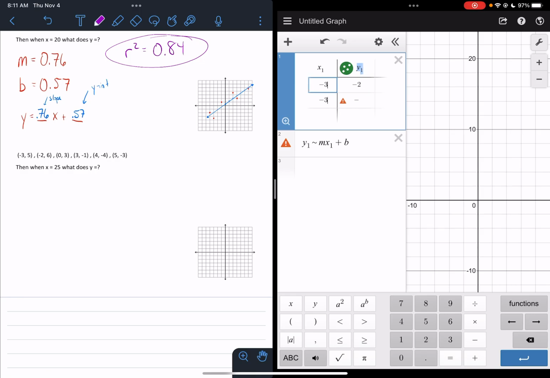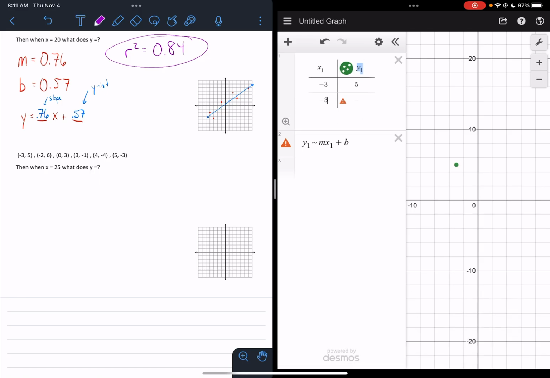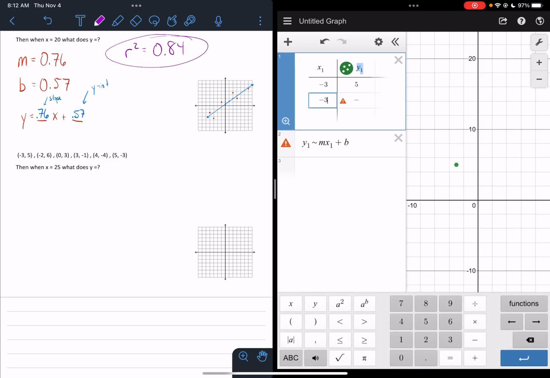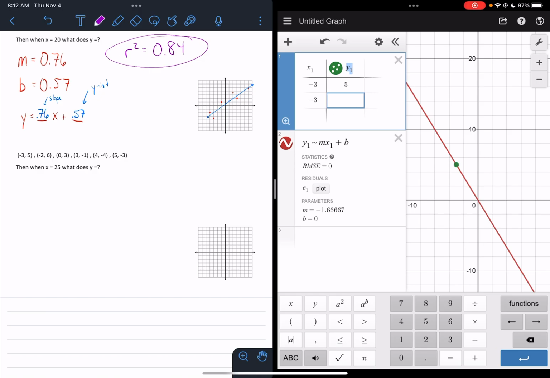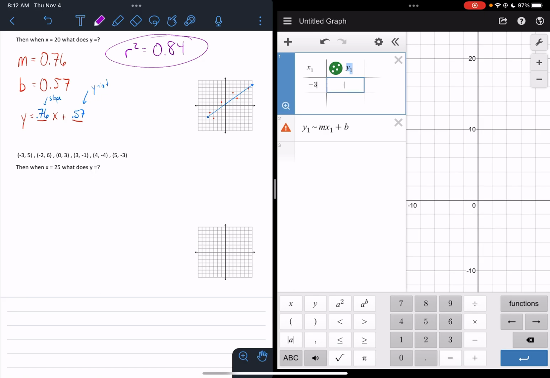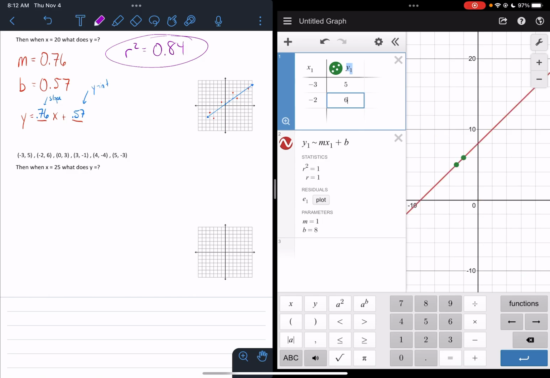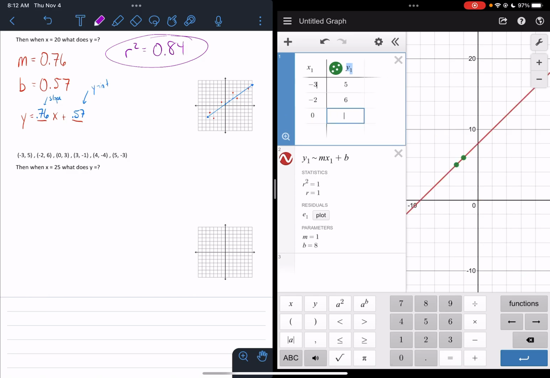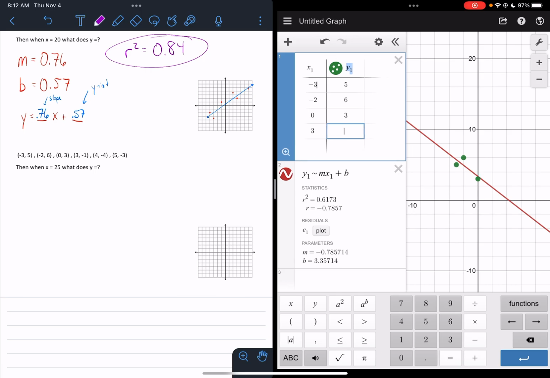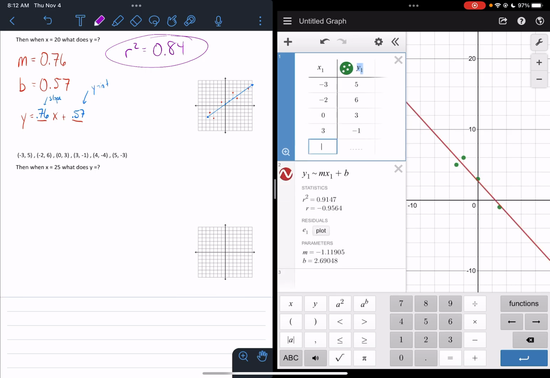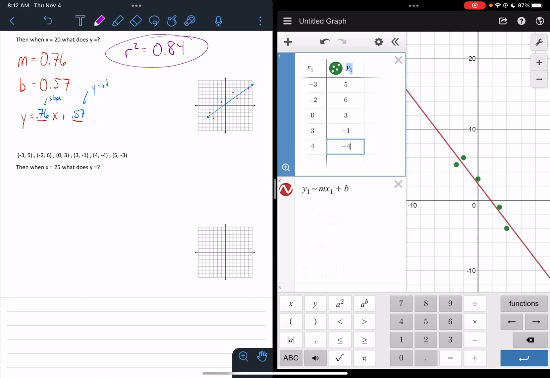So it's -3, and then 5. -2, 6. 0, 3. 3, -1. 4, -4.